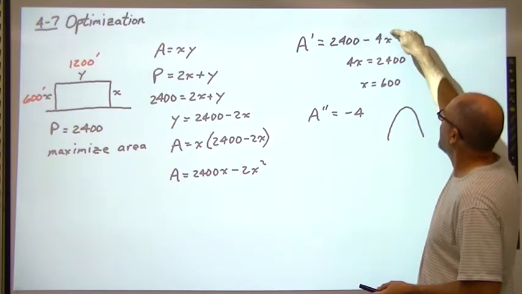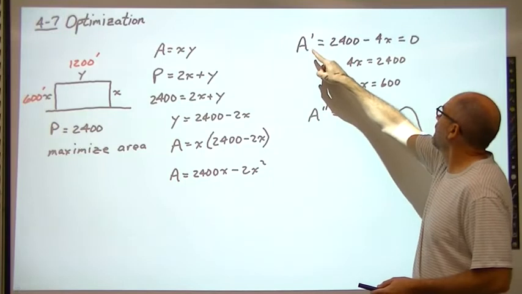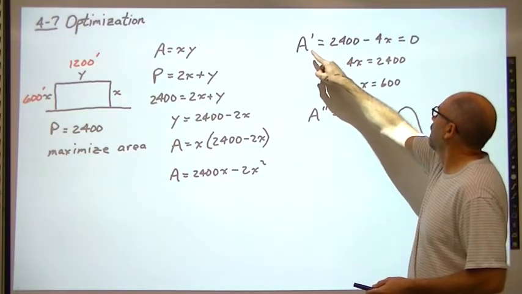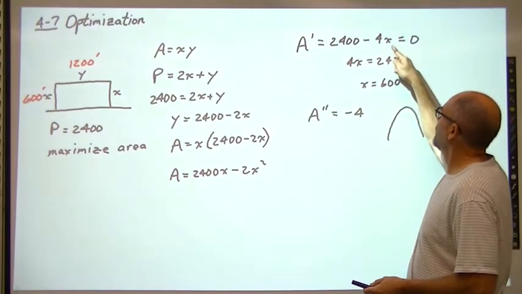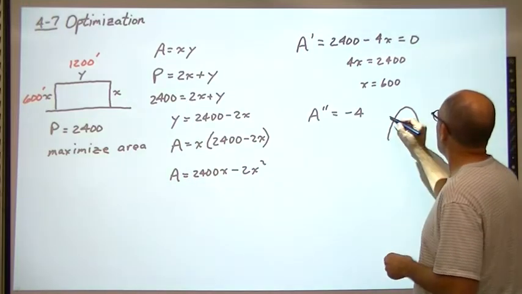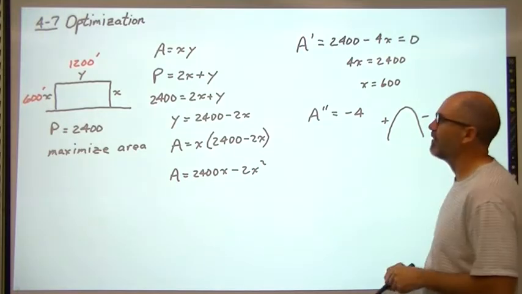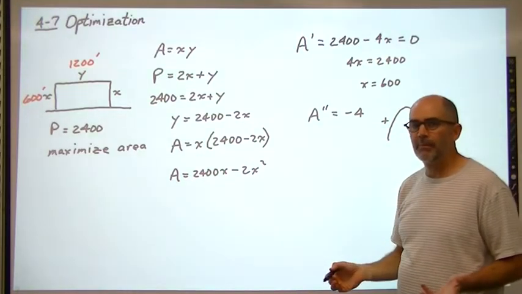So if x is less than 60, then A prime is going to be positive. If x is greater than 60, A prime is going to be negative. So if I have positive slope to the left and negative slope to the right, then I have a maximum.